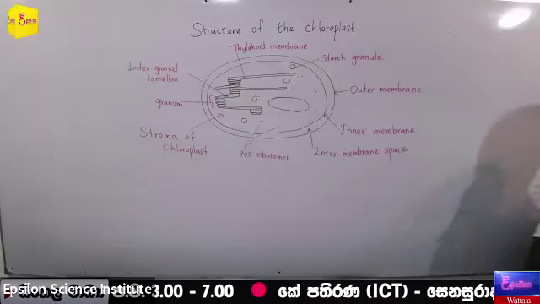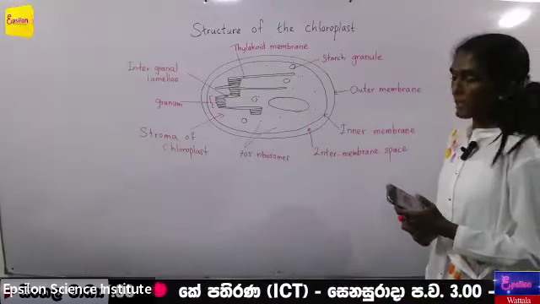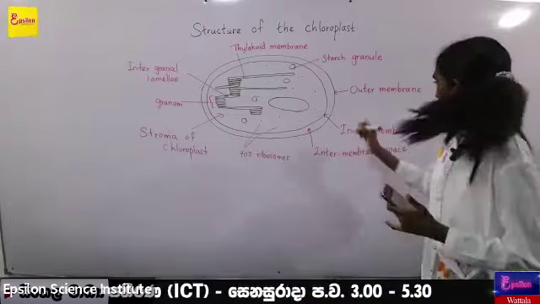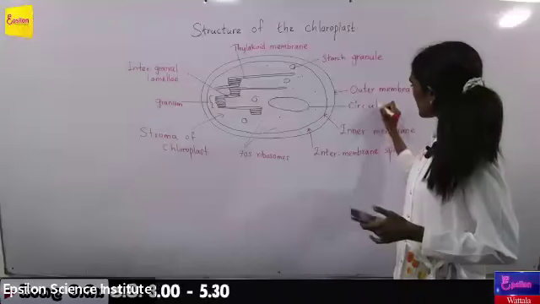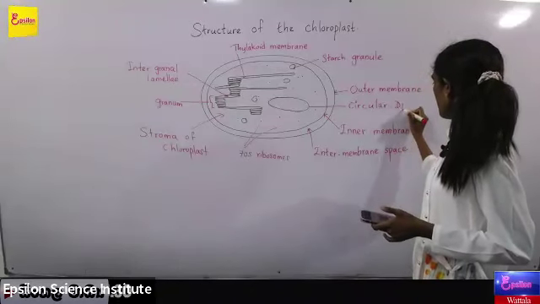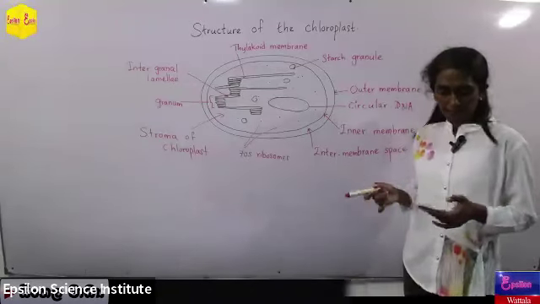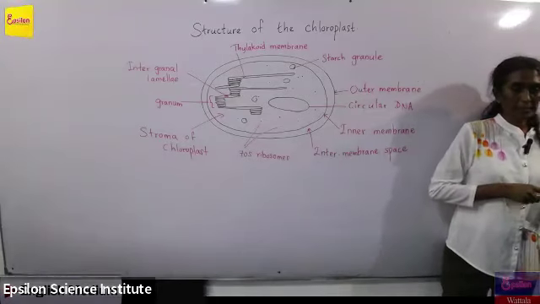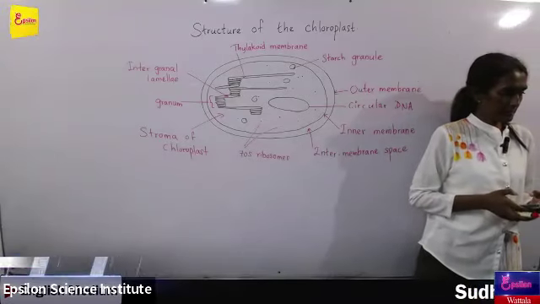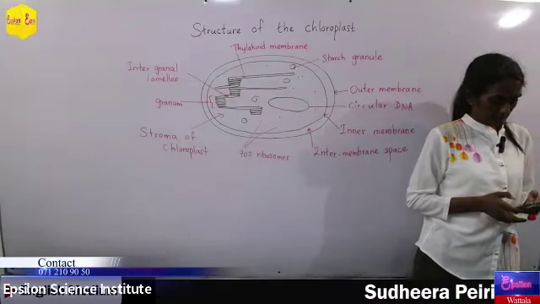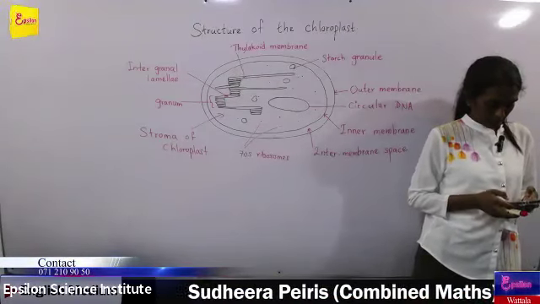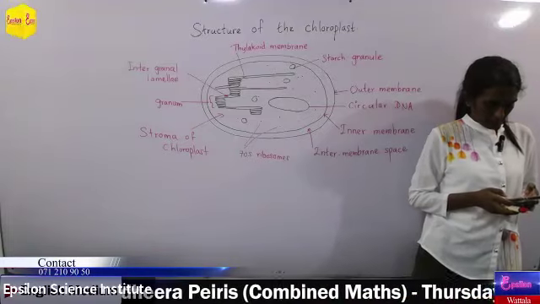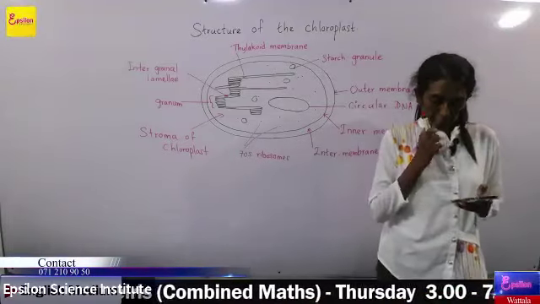One thing we have missed to label here. Thank you. Circular DNA. Correct? Next one.